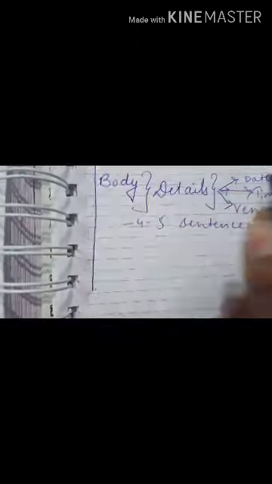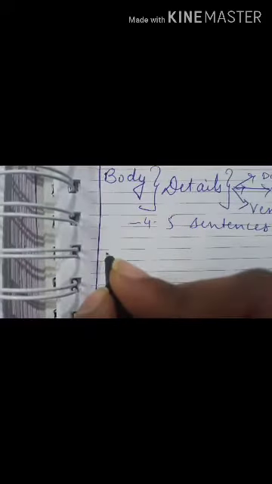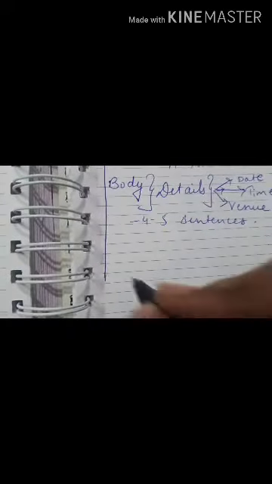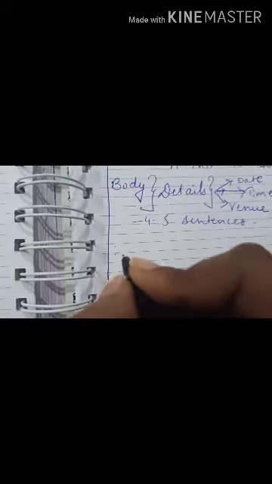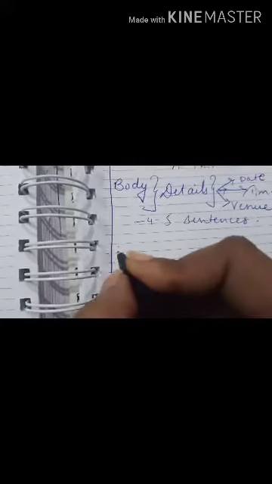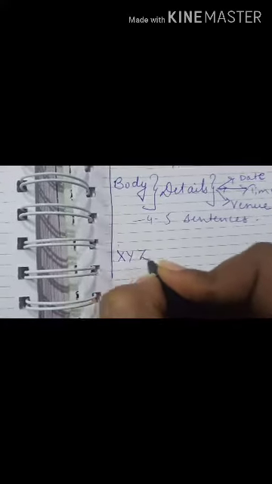Then after this, you will write the name of the person who is drafting the notice. That is, if you are the head boy and you are Rakesh, and you are drafting the notice, then you will write Rakesh over here. But if the name has not been given, then you will write XYZ or ABC.